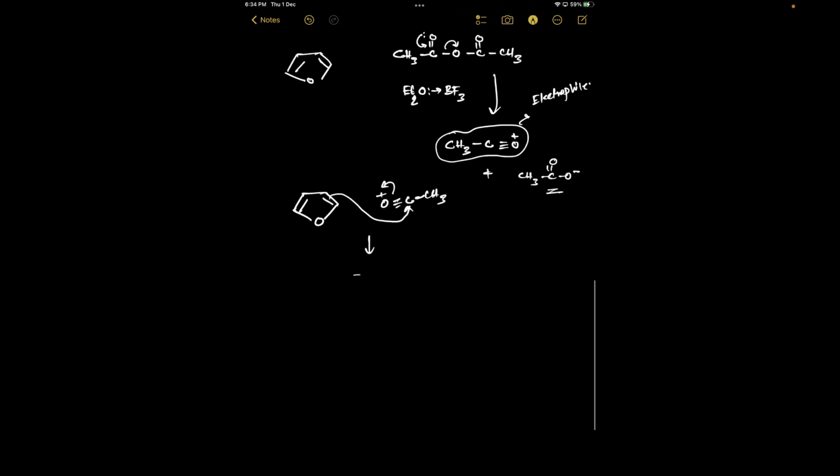So then this H plus will be generated from this, and then this structure will be generated.